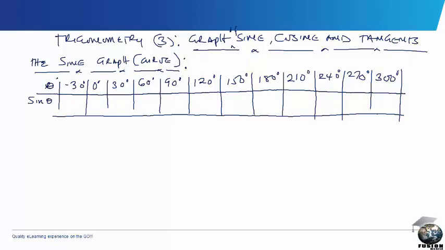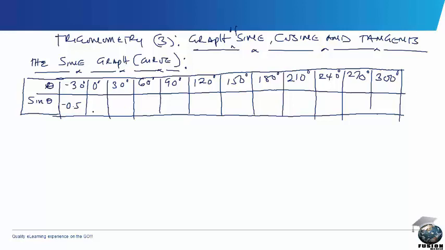I want to make my table look as neat as possible. Now, when you input values of sine for minus 30, you have negative 0.5. Just punch it in your calculator.